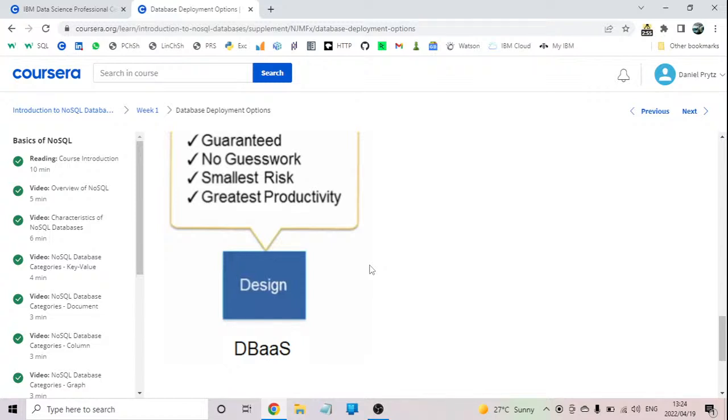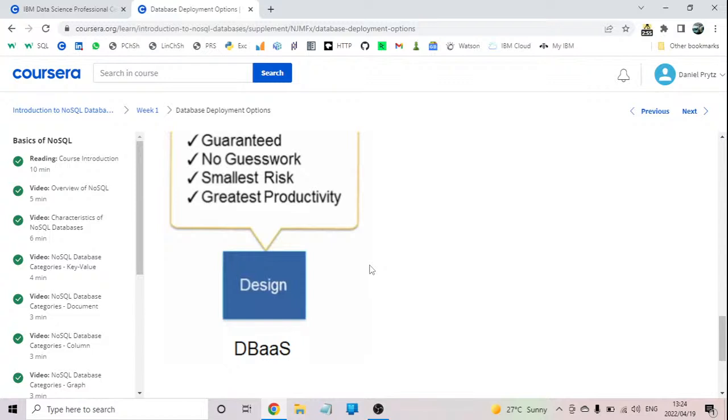So all you have to do is just design your database with DBAS. So actually, do it yourself is possible, but it is a bit bizarre. Like you have to create the hardware for your database. You have to buy a server or something. You have to buy like a silo or something.